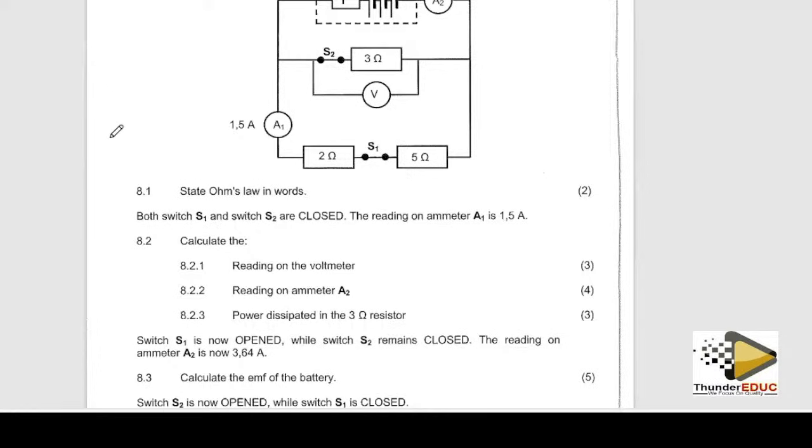So with Ohm's law, all we need to know is that the potential difference across a conductor is directly proportional to what?